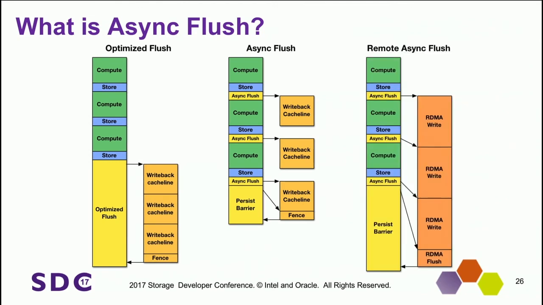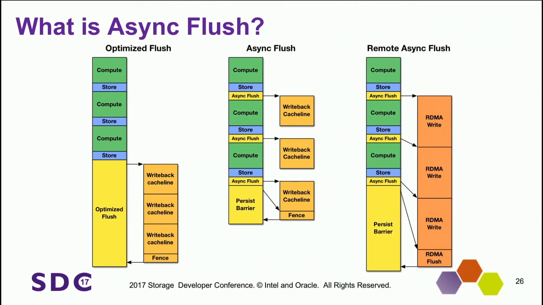This becomes even more important when we look at remote situations where you're flushing remotely over RDMA. So in this case, the column on the right is the RDMA operations rather than local CPU hardware. Similarly here, as in the local case, asynchronous flush would invoke not a cache line write back, but an RDMA write. So write the data that you've staged with your store to carry that over to the remote node.